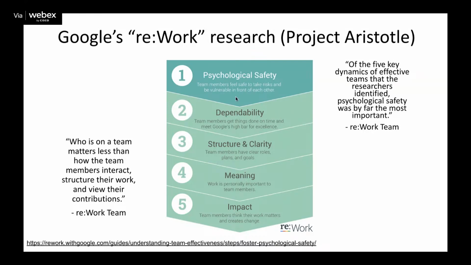If anybody's seen Project Aristotle from Google, the re:Work research, they found 5 factors that enabled high-performing teams. Of the 5, psychological safety was by far the most important. That notion of never having any interpersonal fear, being able to express your opinion without feeling judged, being able to make a decision with the team, knowing that this decision is not the end of the world and that everybody's comfortable with each other.